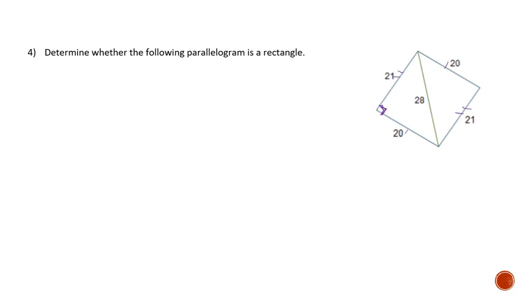In order to figure out if this is truly a rectangle, we need to do some trigonometry to figure out if this angle here is truly 90 degrees. So a couple ways that we can go ahead and do that would be to set up some of our right triangle trigonometry, which you learned in the first unit.